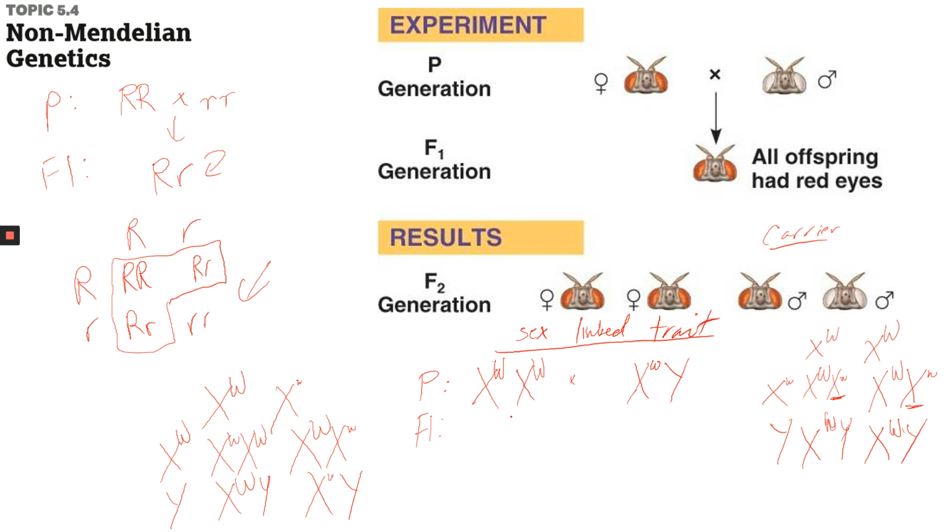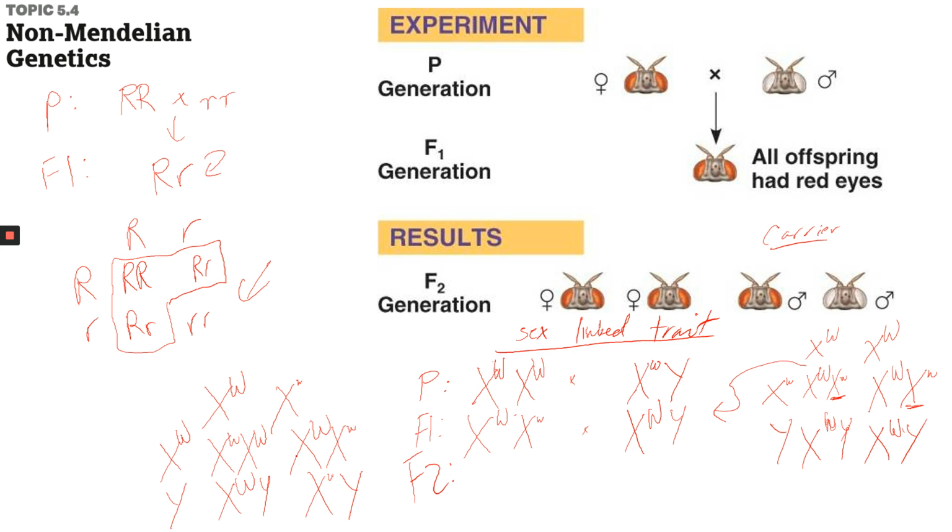Our parental generation was X big W, X big W, and X little w, Y. And our F1 was, I'm just transferring this into our F1 spot over here, X big W, X little w, and we were going to cross that with the males, which were X big W, Y. And this last cross is what we get in our F2 generation.